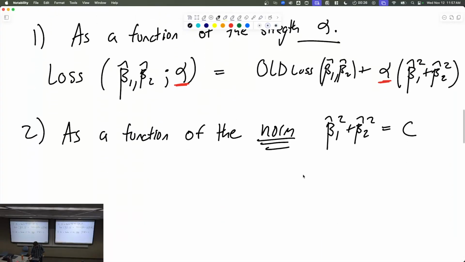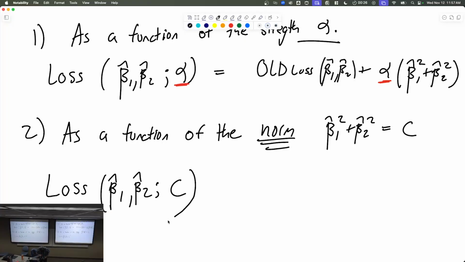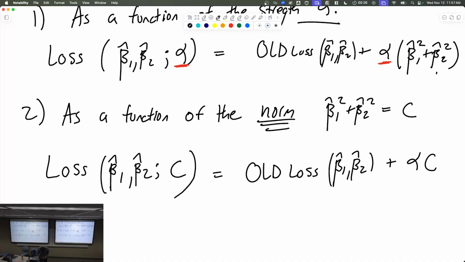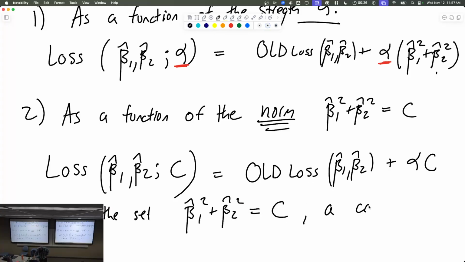So the dual view says, instead of treating the loss as a function of alpha, let's treat it as a function of C. So the loss of beta hat 1, beta hat 2 as a function of C is equal to the old loss, beta hat 1, beta hat 2, plus alpha times C, because this value is C, and this is on the set beta hat 1 squared plus beta hat 2 squared equals C. In other words, a circle.